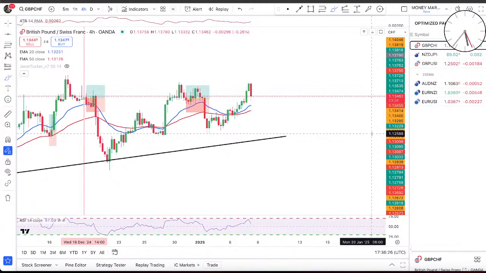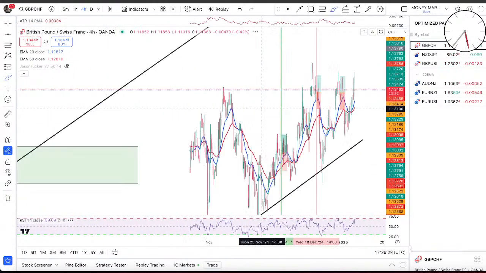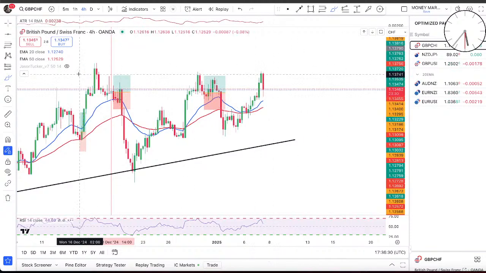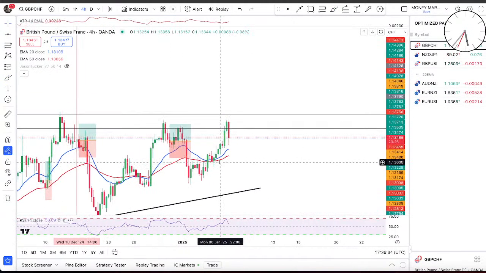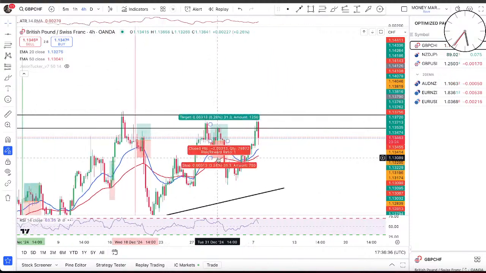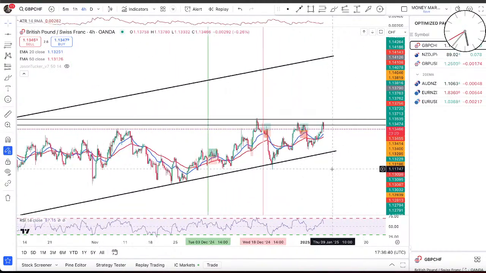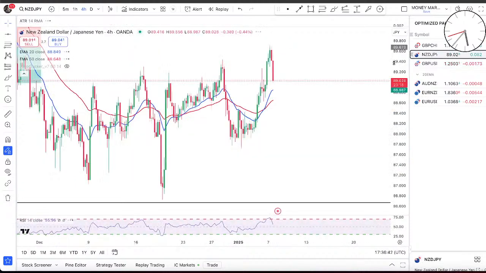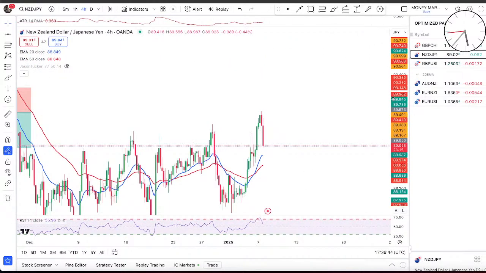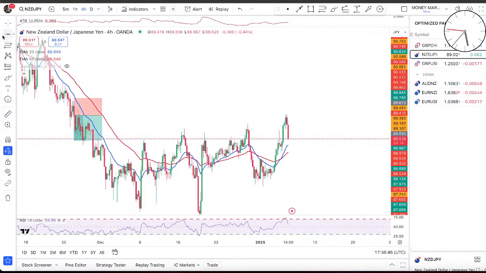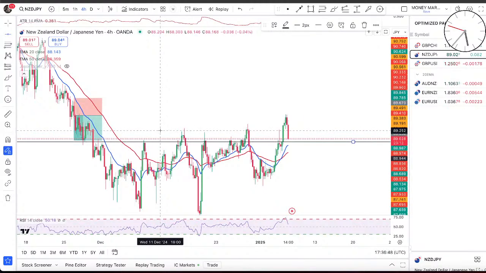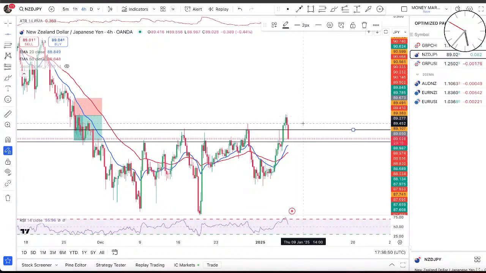Let's see here. GBP CHF is just ranging within this zone. So unless and until we are broken above, I'm not going to enter any trades for GBP CHF for now. And the Japanese yen just made a new high, which is a very good sign for me to look for an entry on NZD Japanese yen.